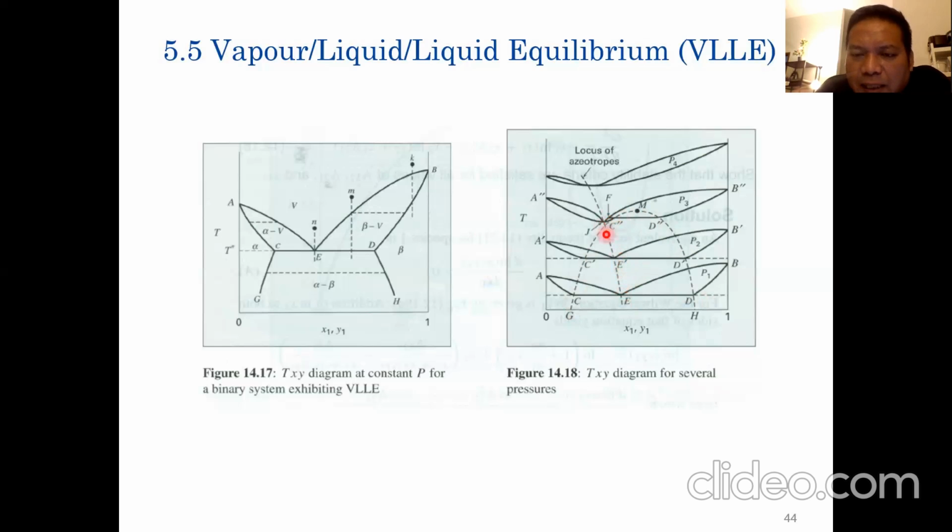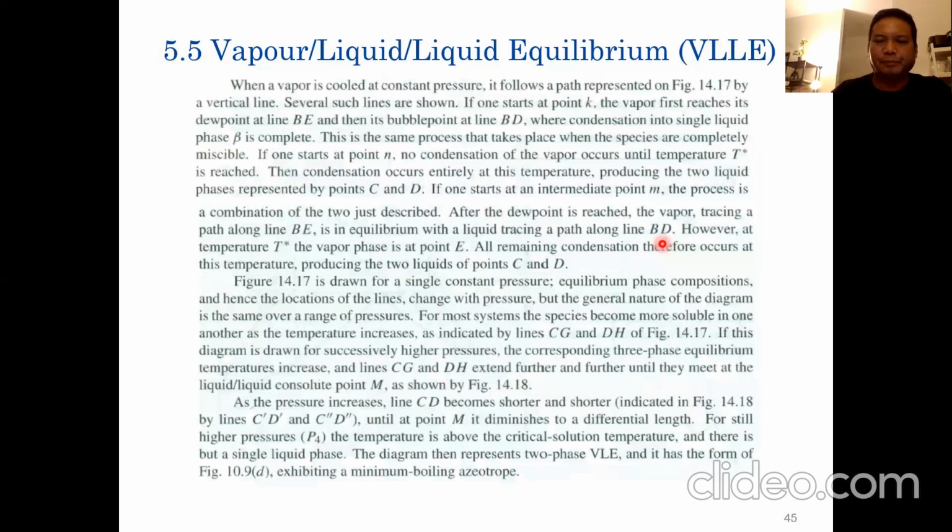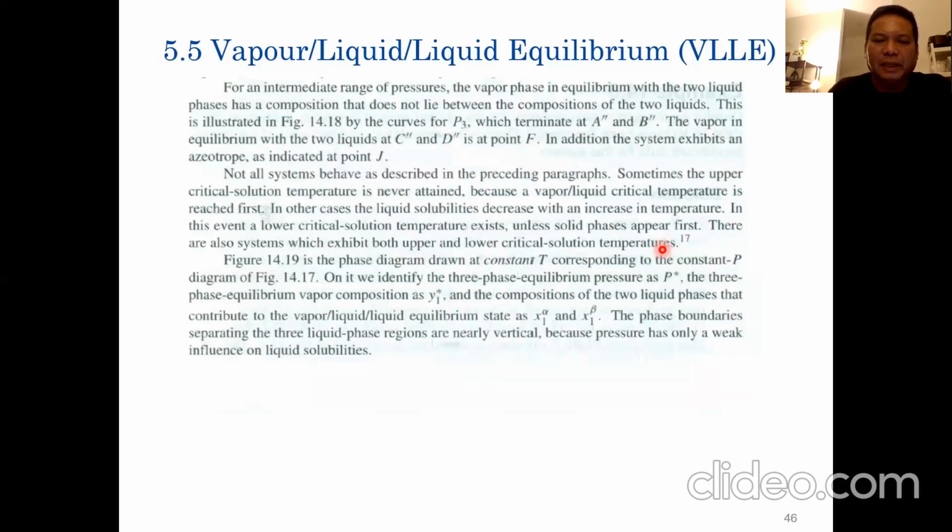At point F and J here, we get a line, and this is the azeotrope, the locus of the azeotrope. So over here, this will be explained, guys.